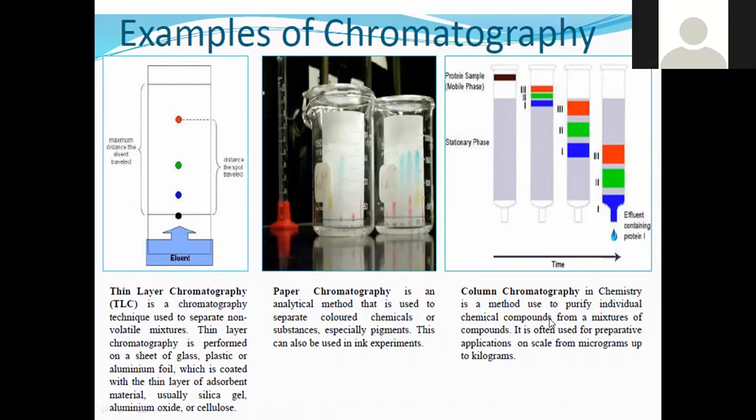So in this way, you can separate the components of a mixture by column chromatography. Column chromatography is used only for separation of charged ions or charged particles. It may be negatively charged or positively charged. So different types of chromatography: thin layer chromatography, paper chromatography, column chromatography.